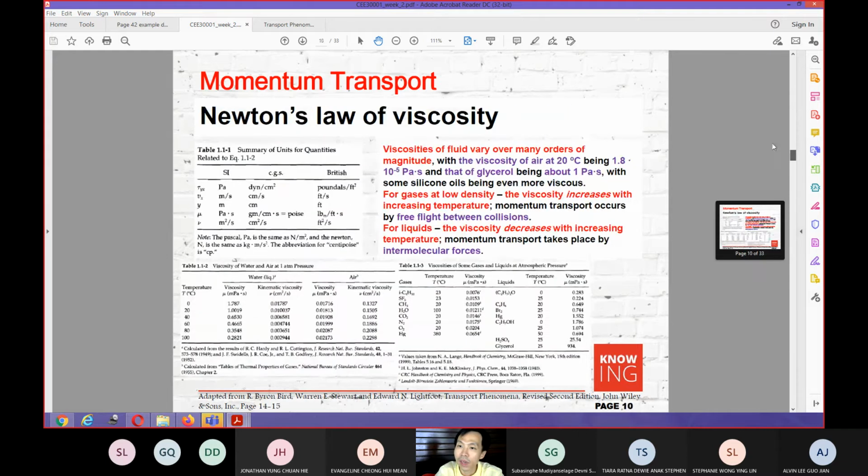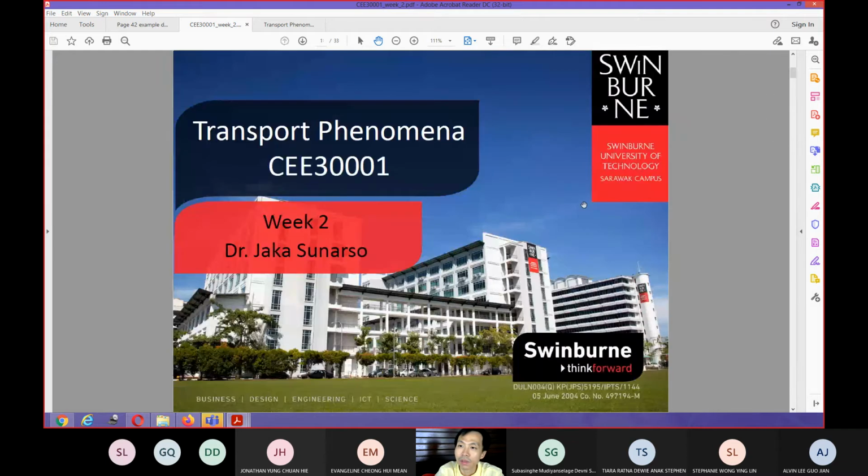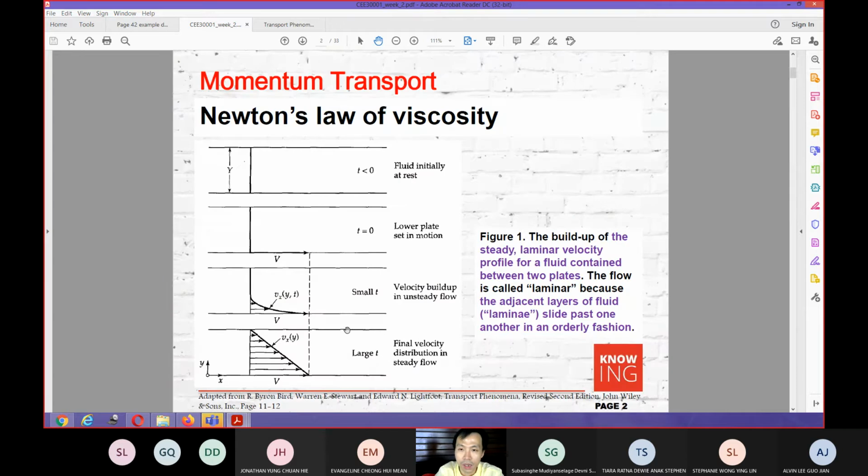So if I go back into the very first picture in here, the velocity is in the x direction. So the momentum is in the x direction. Okay, but the momentum is transported in the y direction.